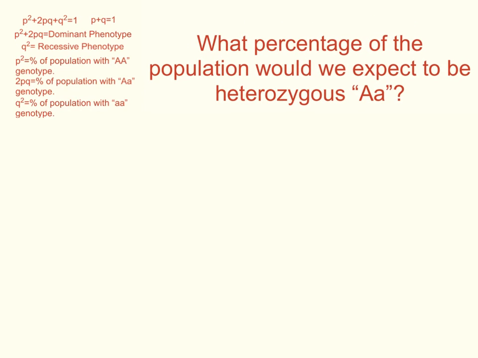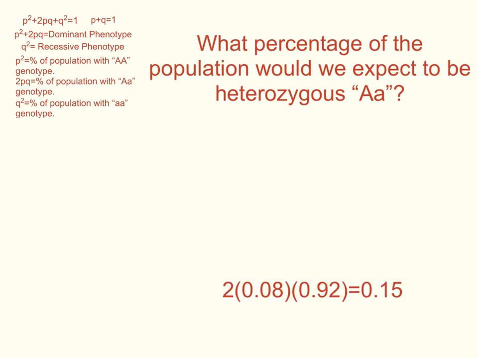Another commonly asked question is, what percentage of the population would we expect to be heterozygous big A, little a? If you were given a question like this, all you would need to do is calculate P and Q like we did before, and then plug them into this equation, 2PQ.